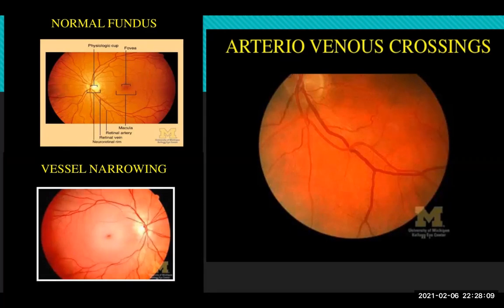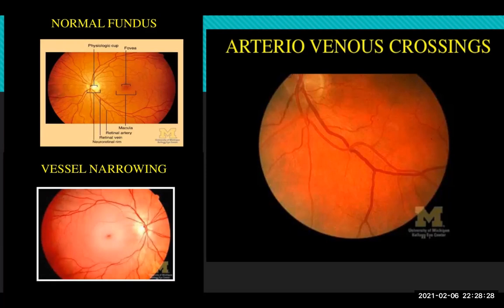Down on the left side, there is some vascular narrowing. The retinal veins are brighter and thicker, and the retinal arterioles and arteries show narrowing.